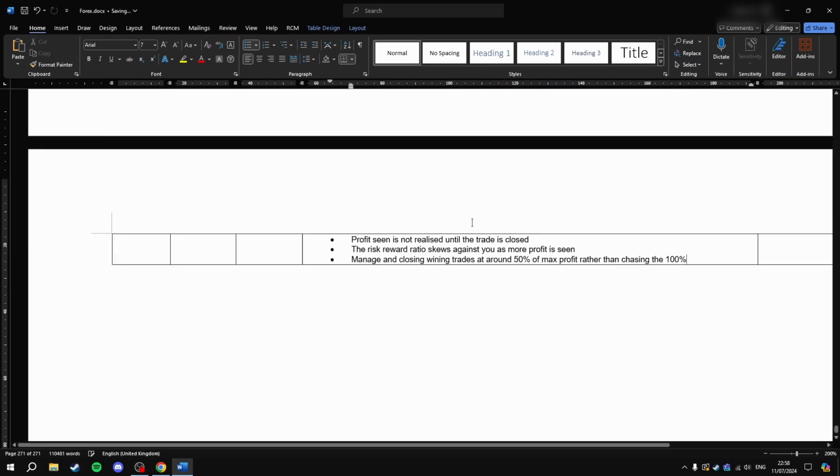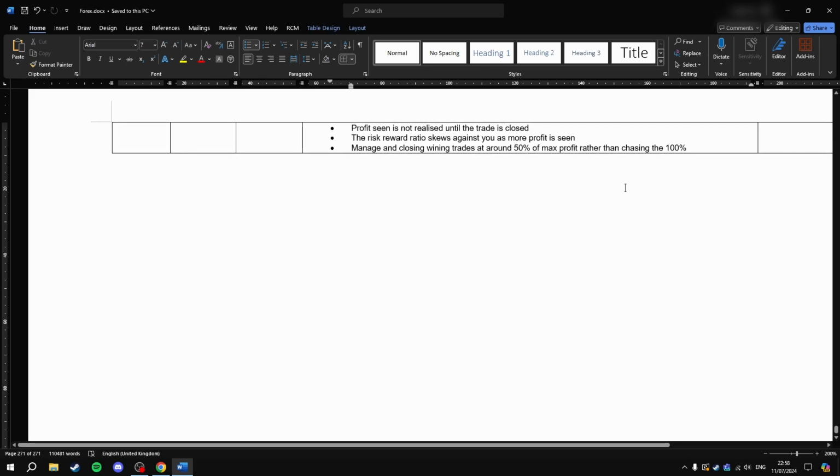So don't be greedy, basically, because as you're getting closer to the max profit, the more risk you're taking. Say you reach 99% and then the trade just goes against you completely.